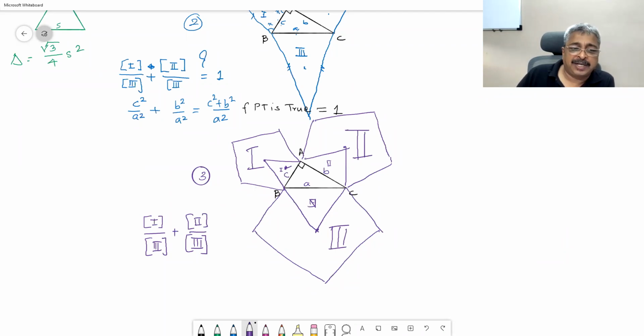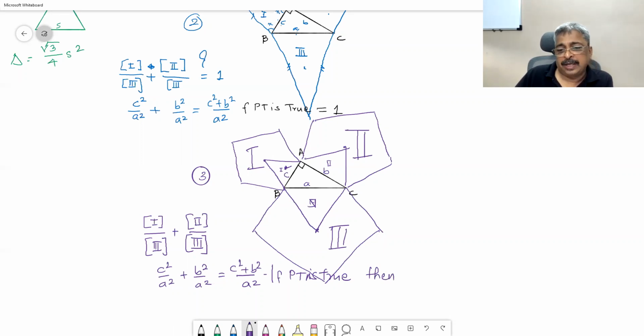So that 5 factor in the numerator, 5 factor in the denominator will get cancelled, and therefore eventually we will get c square upon a square plus b square upon a square is equal to c square plus b square upon a square. And if Pythagoras theorem is true, then the ratio is equal to 1.